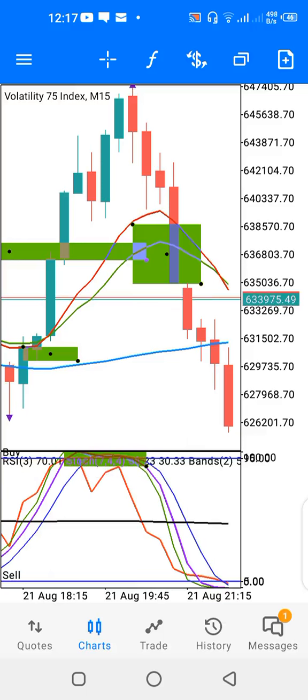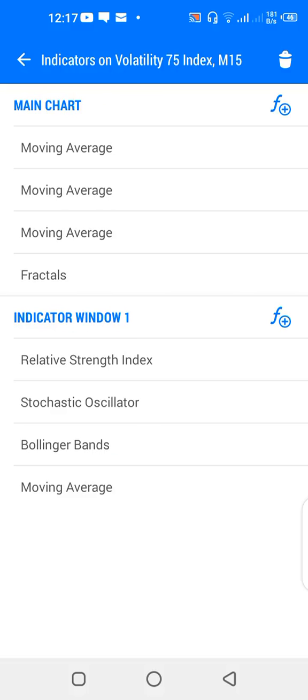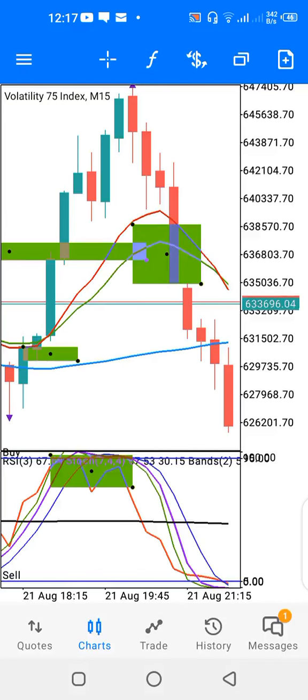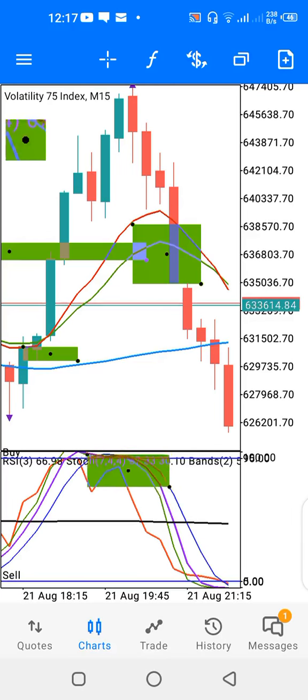Now, the red line is our relative strength index line. If it crosses down below the stochastic oscillator and the Bollinger Bands lines, then you start to place your sell trade or you look for short opportunities.